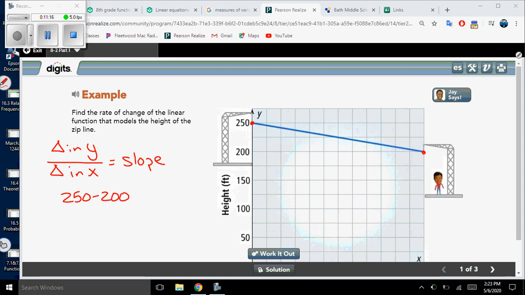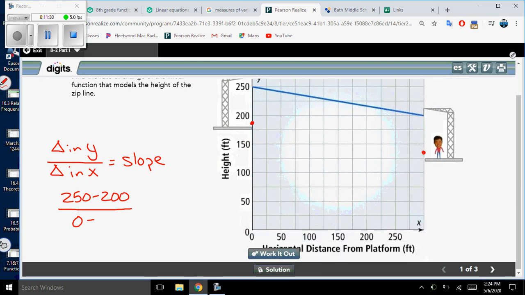And that the x value moved from what? It was 0 to 300. Okay, 0 to 300.